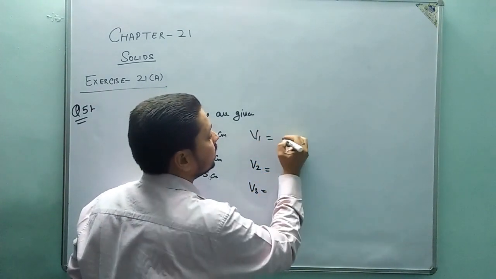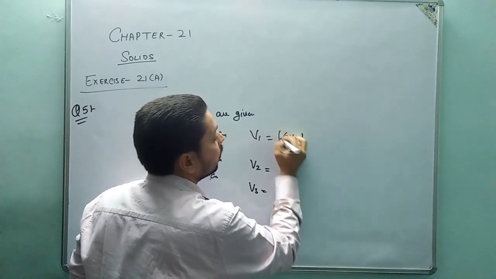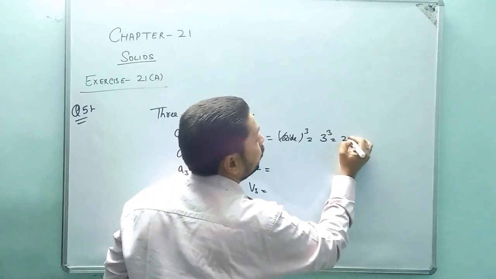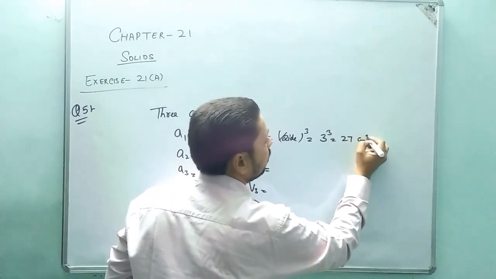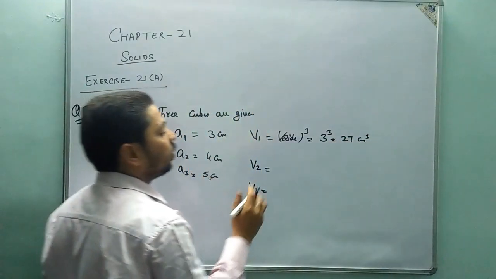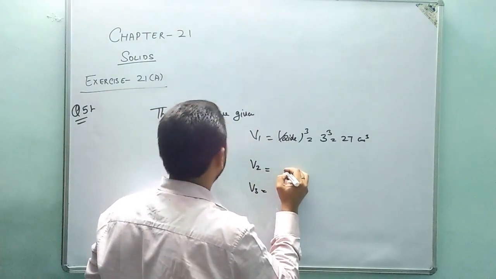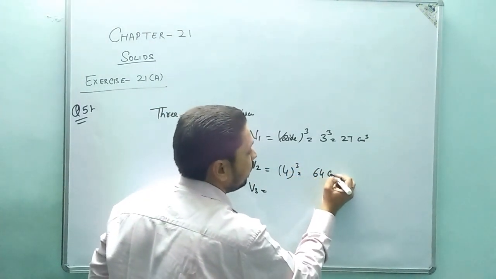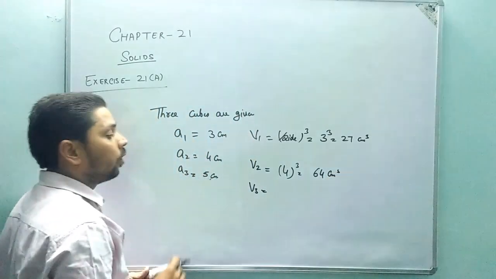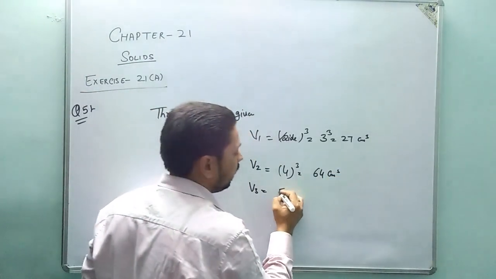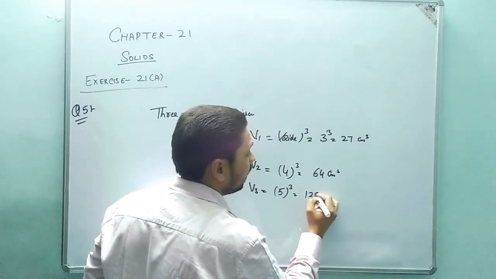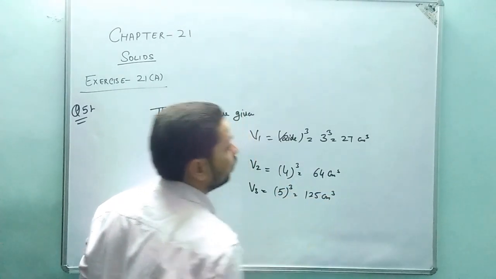Volume of a cube is side cube, that is 3 cube, which is equal to 27 centimeter cube. For the second cube, again side cube, that is 4 cube, equal to 64 centimeter cube. For the third cube, 5 cube, equal to 125 centimeter cube.